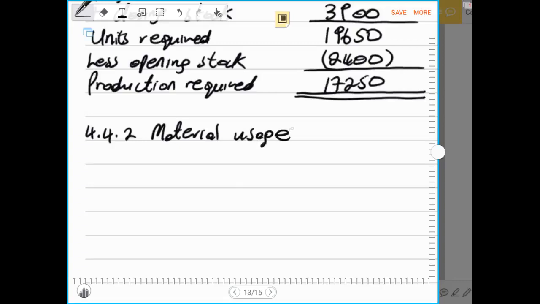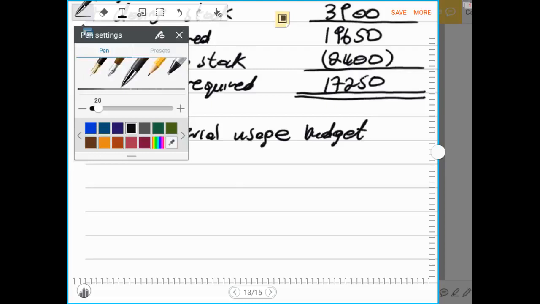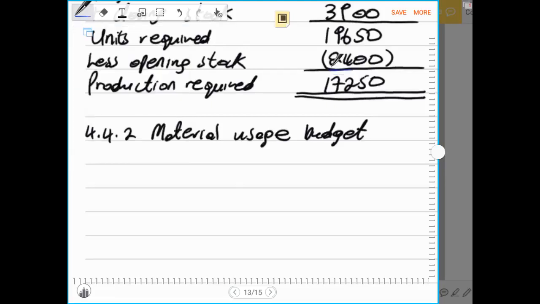Under material usage budget, we start with the production required. That is why it is necessary for you to understand that you first have to calculate production budget before you do material budget.